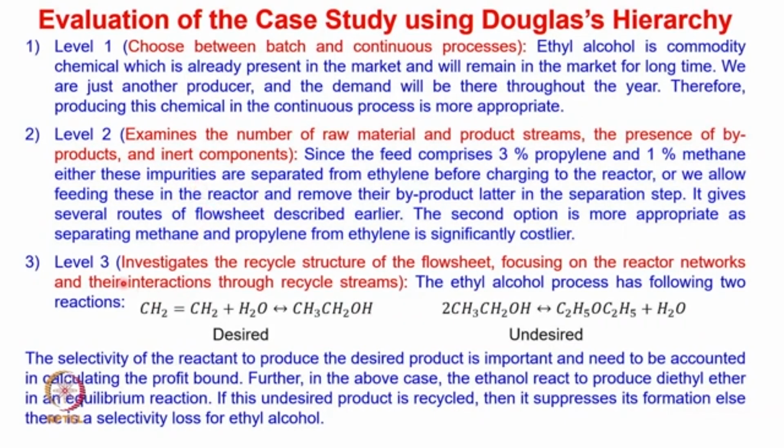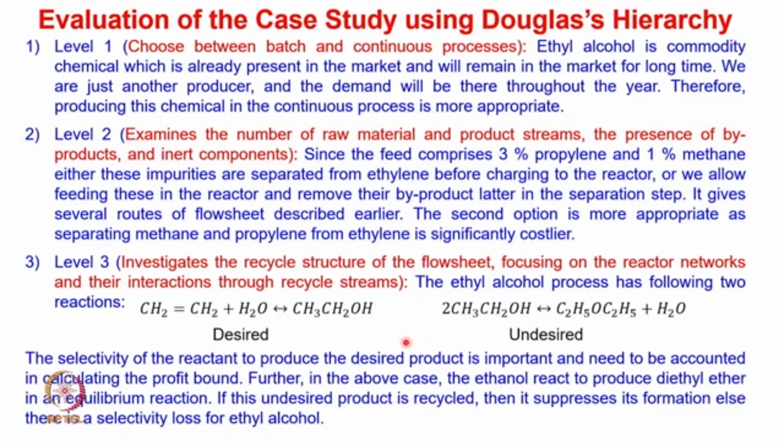In level 3 we investigate the recycle structure of the flow sheet, focusing on the reactor network and their interaction through recycle stream. So clearly in this particular case study there are two reactions occurring. First one is the desired reaction, where ethylene is reacting with water to produce ethanol, and in the second undesired reaction ethanol is reacting with itself to produce diethyl ether and water.